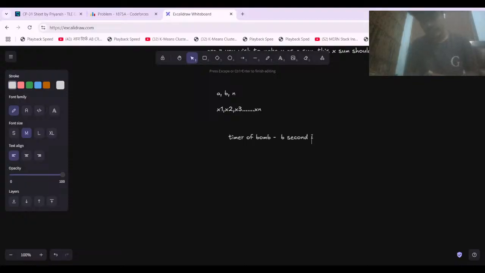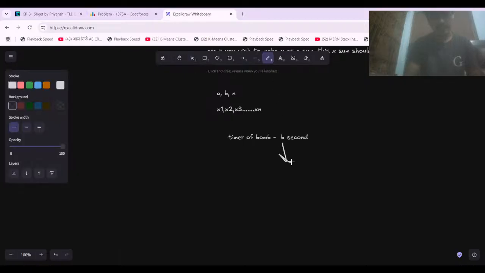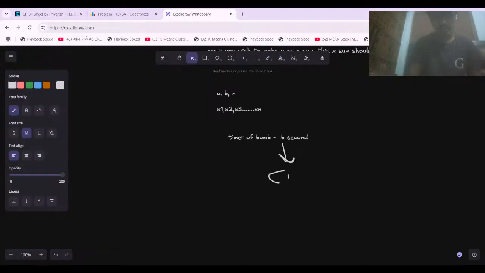Let's say I use tool x2. Let's say the current value of the bomb timer is c seconds. Then if you choose the second tool, your timer is going to get extra seconds added, so it becomes c plus x2. But although you might have a large gap to jump, you cannot go beyond a.